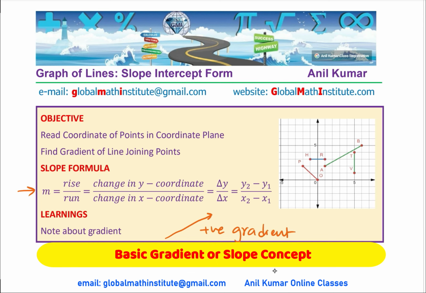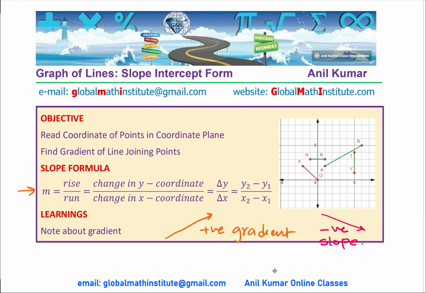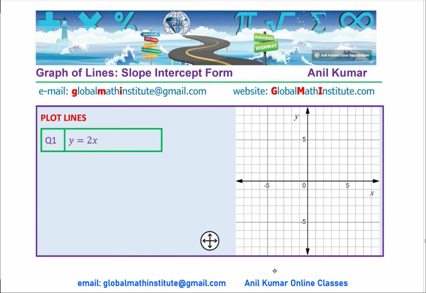But if the line is falling, then negative slope, right? Is that clear to you? So I hope the basic concept is clear. Let's now begin plotting these lines one by one.